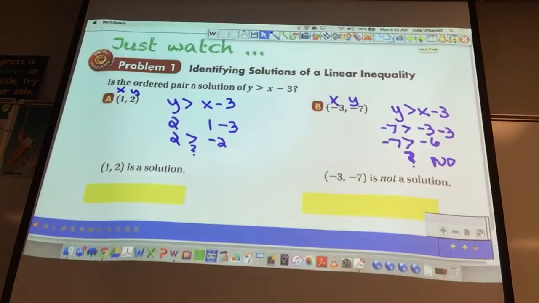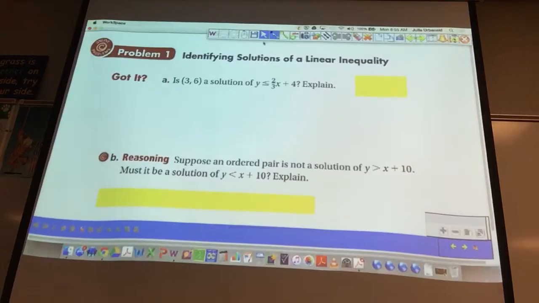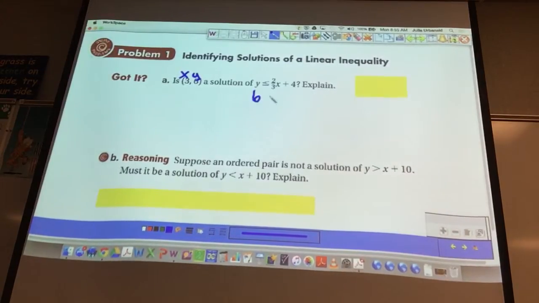All right, so on your notes, do this one really quickly. I know we have a fraction there, but you guys have to be able to deal with fractions. And let's plug it in. So is 3, 6, your x, y, a solution of this equation, or inequality here? Y is 6. Here we have 2/3 times 3. And then it's plus 4. All I did was plug in the values.